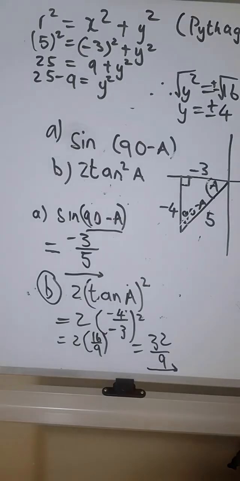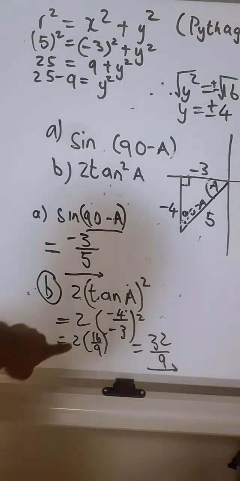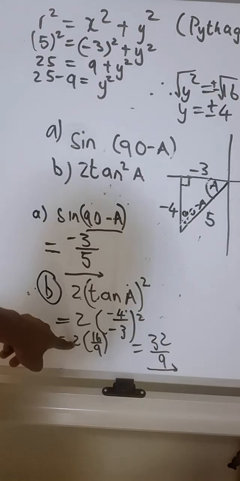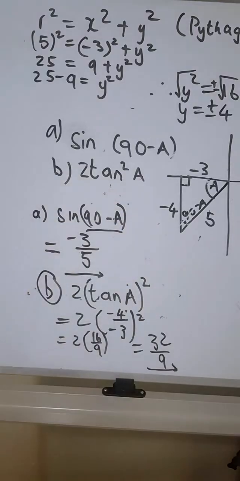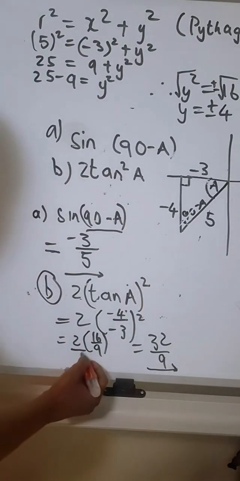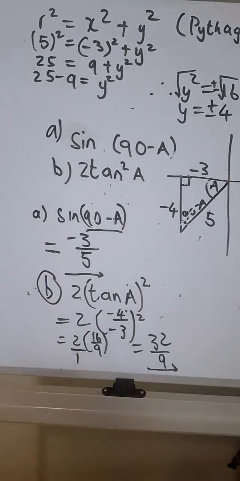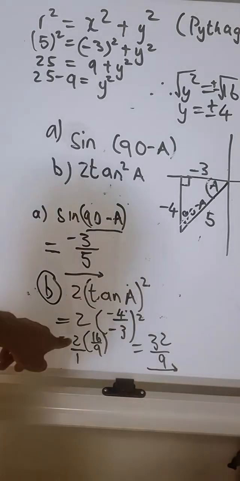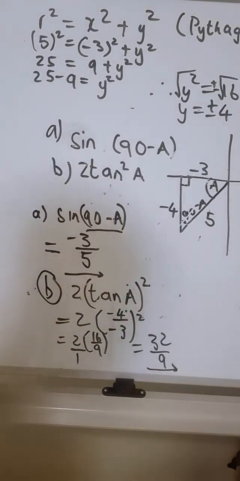So that is the value, not 32 over 18. Be very careful. This 2 is a numerator value. Remember that 2 is the same thing as 2 over 1. The 2 doesn't get multiplied to both the numerator and the denominator.